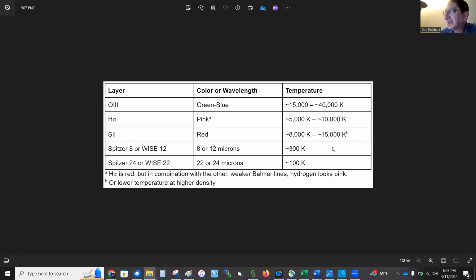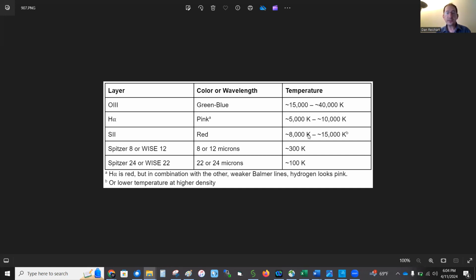So you might often expect to see it between the oxygen and the hydrogen, but quite often you'll see it on the outside. Even though it's sensitive to higher temperatures, it turns out that this S2 is also sensitive to higher densities. You often have higher densities on the outside.